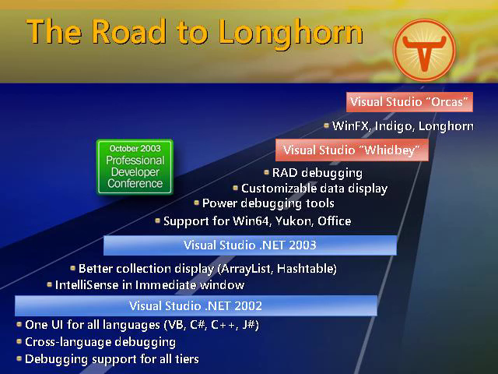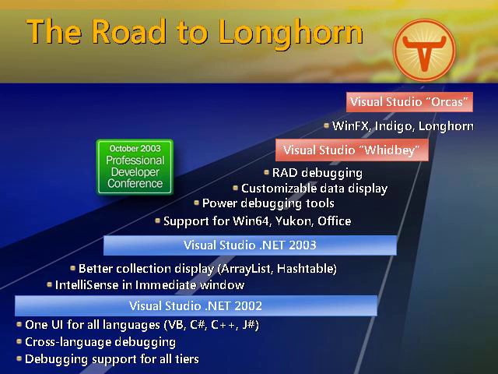And that brings us to Visual Studio Whidbey. There are a ton of new features in the debugger today, and I mean a ton. But if I have to summarize what this release of Visual Studio is about, I would say it's all about improving developer productivity.